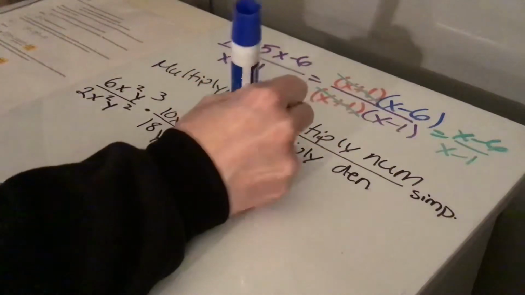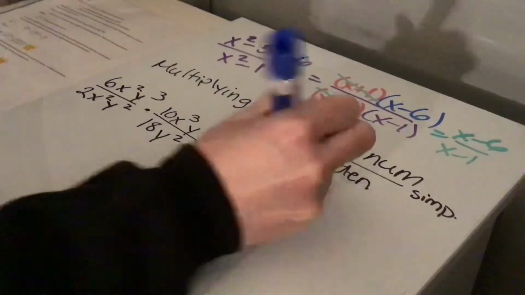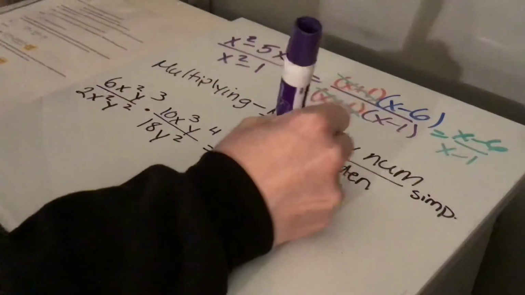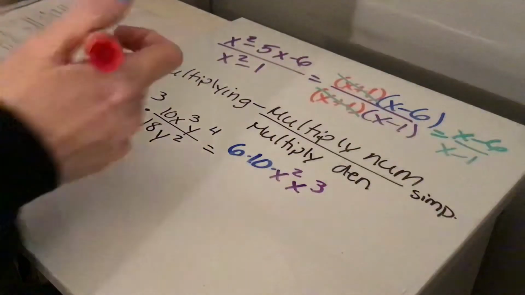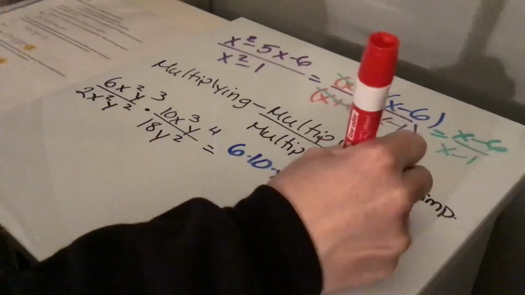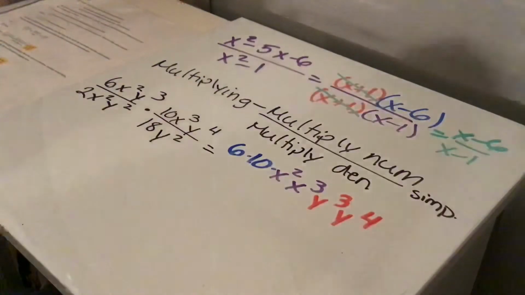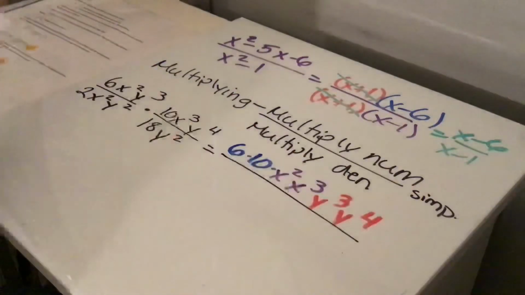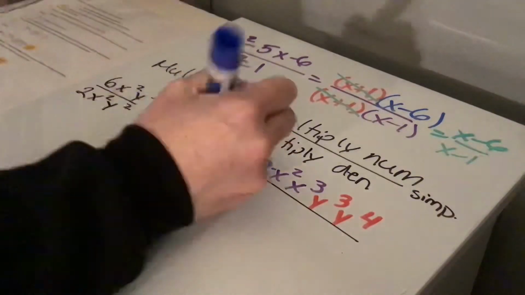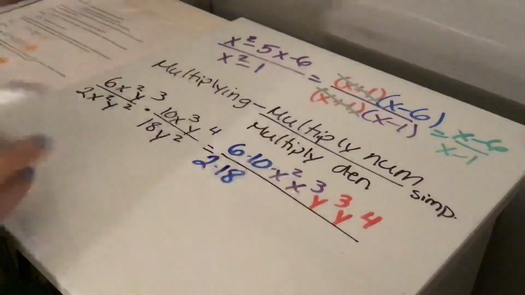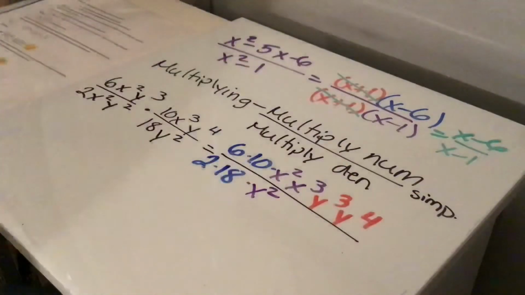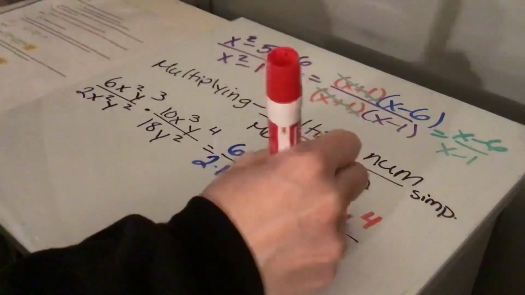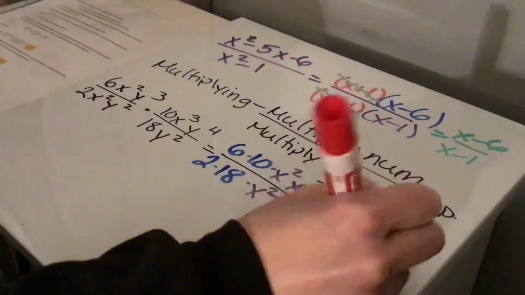So I'm going to have 6 times 10 times x squared times x cubed, because we can multiply in any order, times y cubed times y to the fourth. Same thing in the denominator: the numbers, 2 times 18, then our x terms, times x squared, and our y terms, times y squared times y squared.